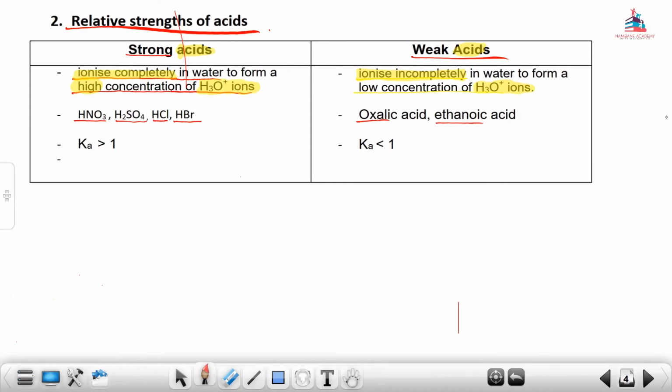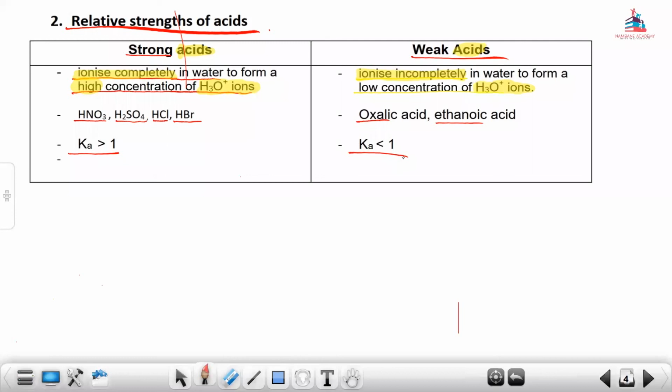So there's a new pattern that is coming up of asking learners about the Ka value. The Ka value is just a value that indicates the relative strength of an acid.